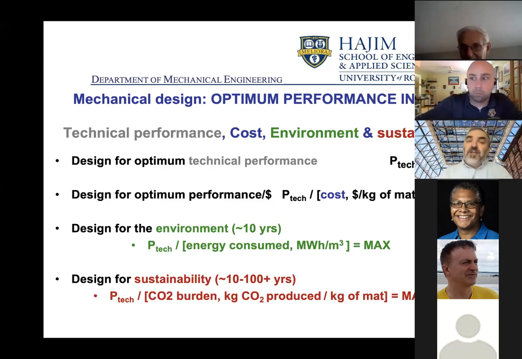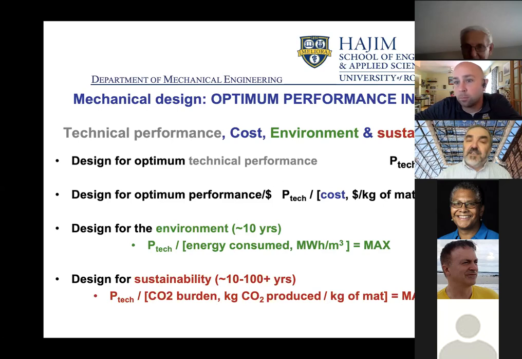For example, if I need to optimize for a certain technical performance, there may be weight, whatever that may be, that needs to be maximized. If it's for the cost of the product.